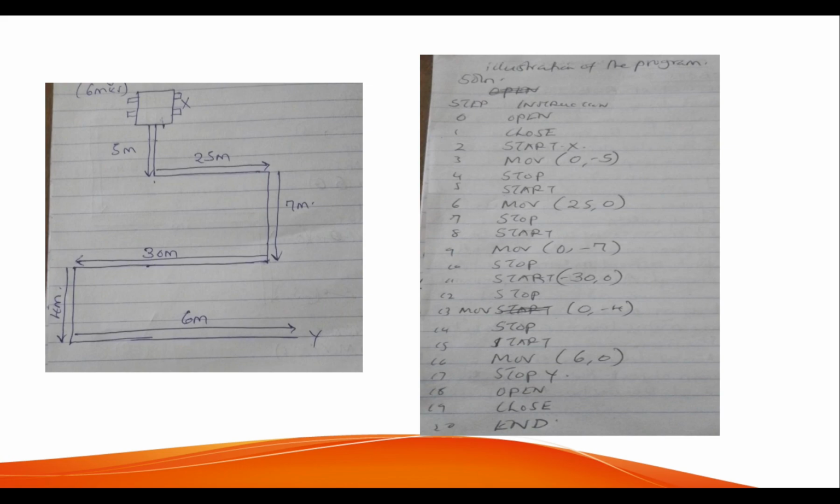Then you have to initiate the movement by using the command start. And if you look at the way I've used it there, I've used start then at x. So my starting point is at x, then I'll have to move. The movement is downwards, so it's moving along the y-axis.